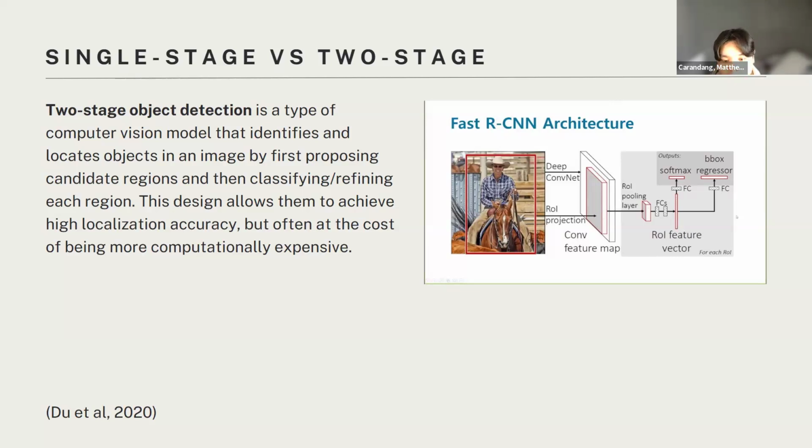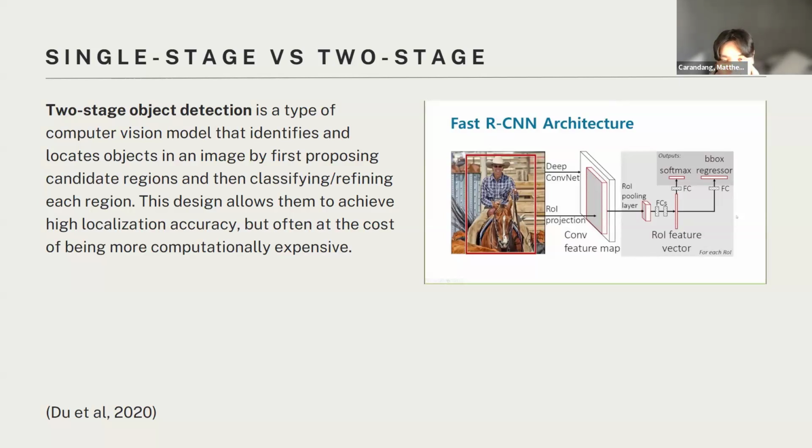From there alone, you can see how single stage object detectors are faster, since they immediately go into the prediction stage, where they take the features and already identify the classes and bounding boxes of each object in the entire image.